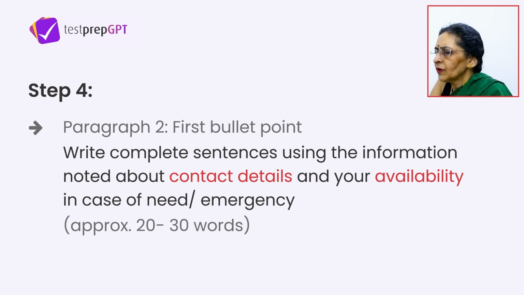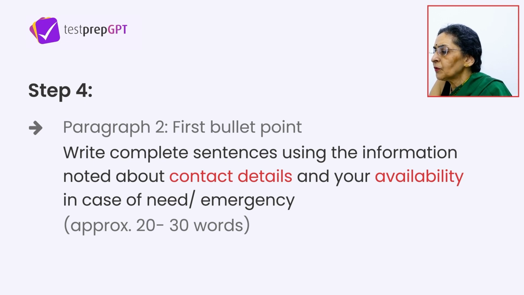Now we come to actual writing the body of the letter. So in your workbook, begin by expanding on the bullet points that you have got, which you did in your brainstorming session. Here you have to write complete sentences using the information that you've noted.